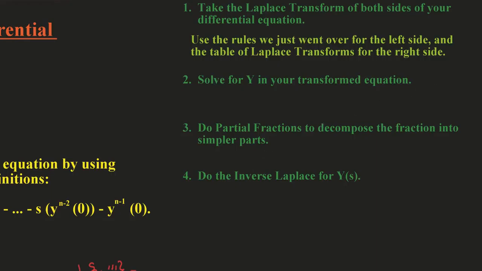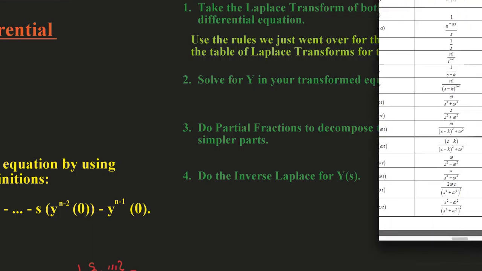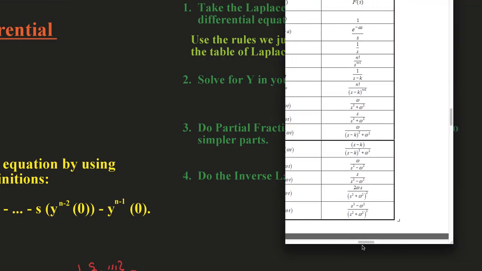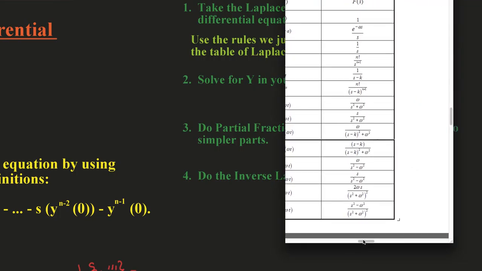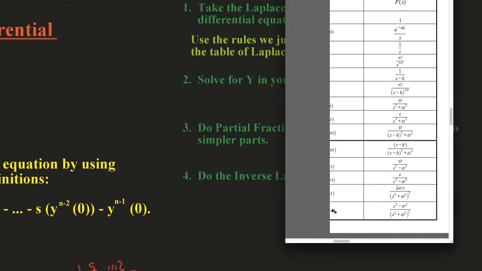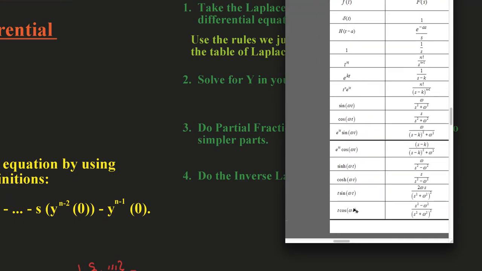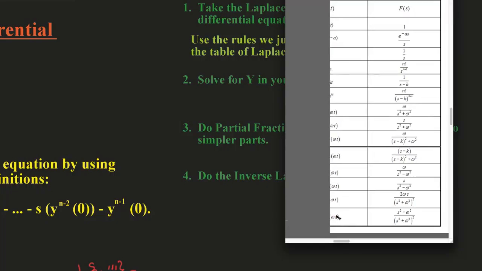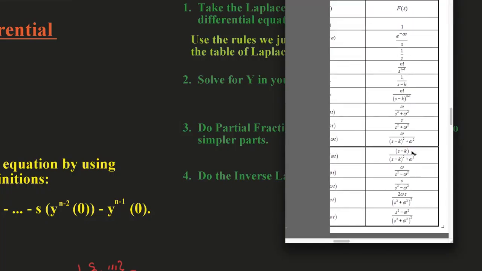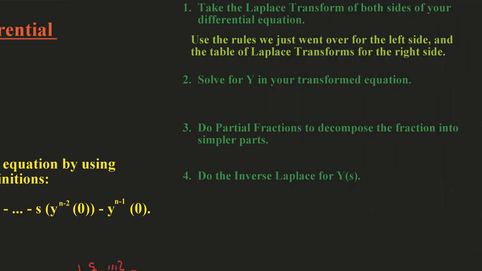The reason why is because the tables that we use for Laplace transforms don't have any, if you see, all of these are pretty simple fractions. Right? So we have to get it to look something like these guys down here. So then you can do the inverse Laplace.